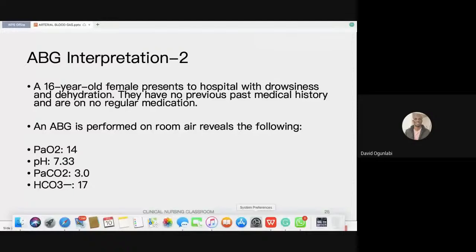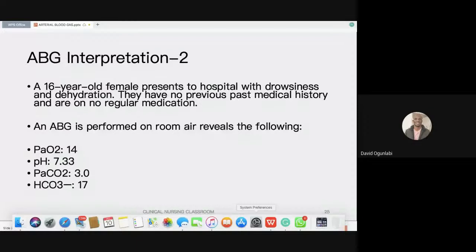The pH tells you it is what? Acidosis. But PaCO2 is giving you alkalosis. So it means that the source of our acidosis is not respiratory. So we have ruled out respiratory source. Now let's go to bicarbonate. Bicarbonate is 17, and the normal level of bicarbonate is between 22 and 26.